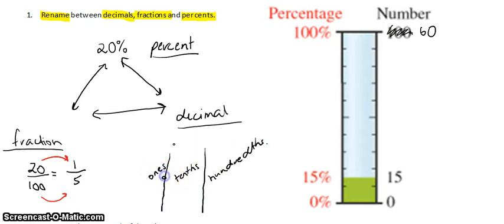So if we were talking about 20 hundredths, we need our numbers to line up so that the 20 finishes at the hundredths place. If we know this is the decimal point, then we know 20 hundredths is in fact 2 tenths and 0 hundredths. And the decimal fraction looks like this.